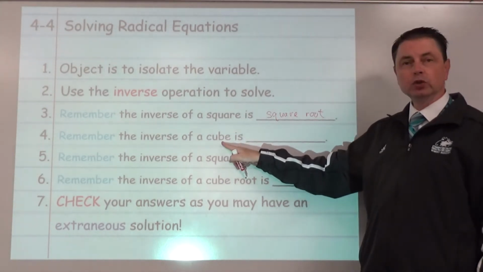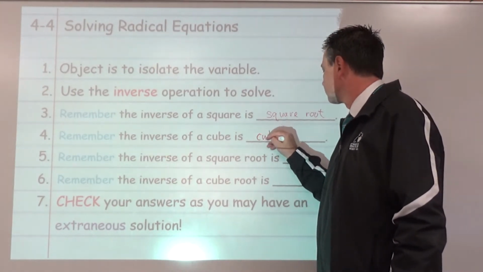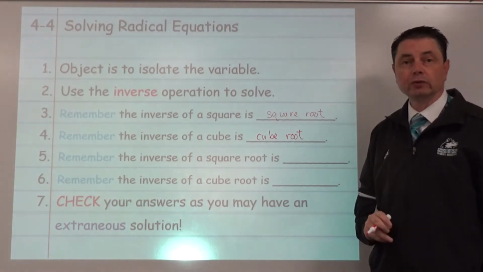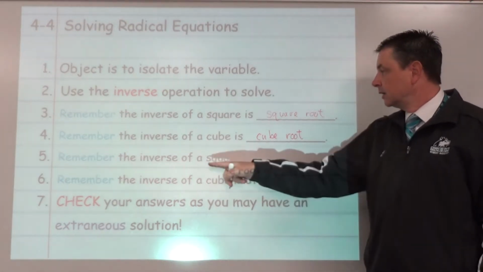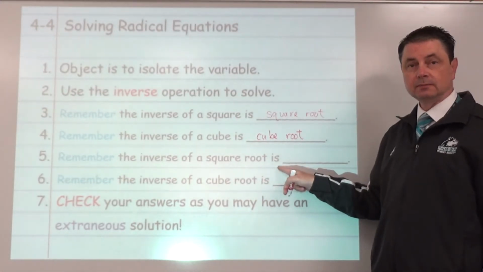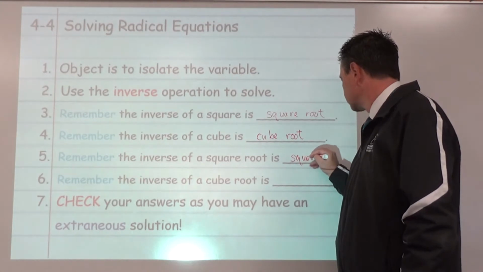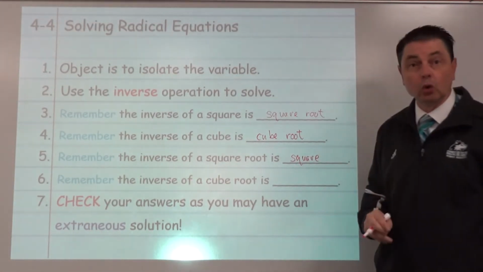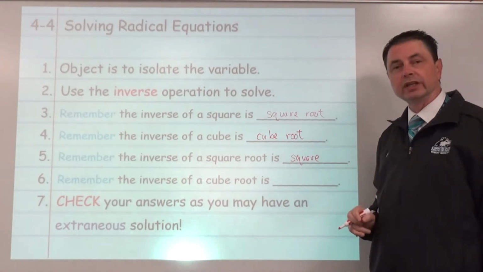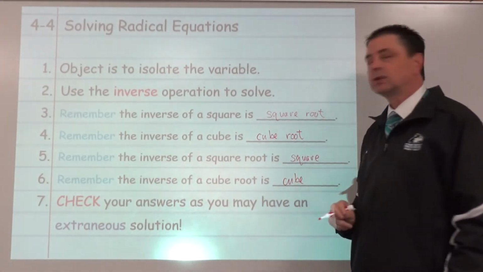The inverse of a cube is cube root. The inverse of a square root is square or squaring. The inverse of a cube root is to cube.